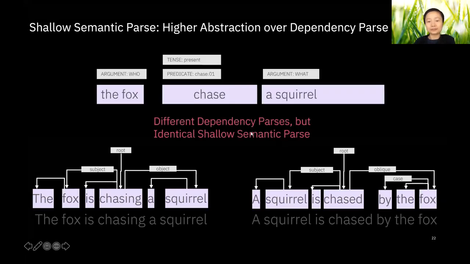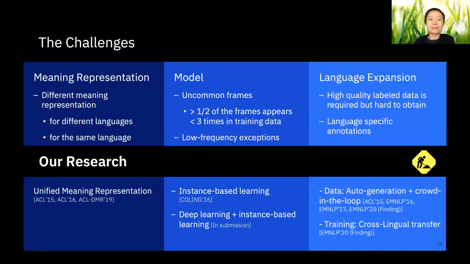But if I turn both into a shallow semantic parsing representation, they will be the same: there is the action chase, and we know the tense is present, the predicate is chase point one, and the arguments identify the fox as the agent of the action and a squirrel as the target of the action. So now I abstract away the syntactic variance between the sentences, right?